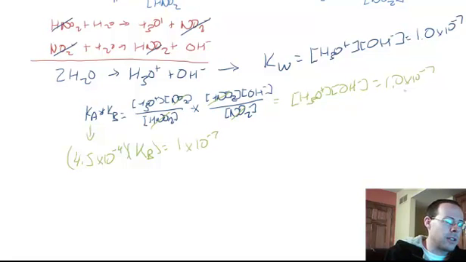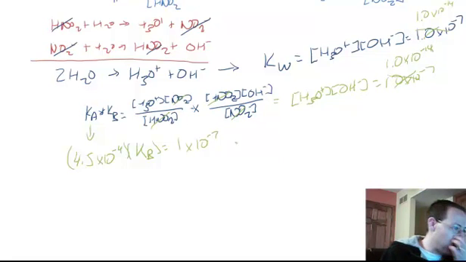I'm sorry, it does not equal that, and this does not equal this up here. Kw equals 1 times 10 to the negative 14th, which means that both hydronium and hydroxide are 1 times 10 to the negative 7th. And again, hydronium times hydroxide is not 1 times 10 to the negative 7th, it is 1 times 10 to the negative 14th. Likewise, this is always going to be equal to 1 times 10 to the negative 14th.